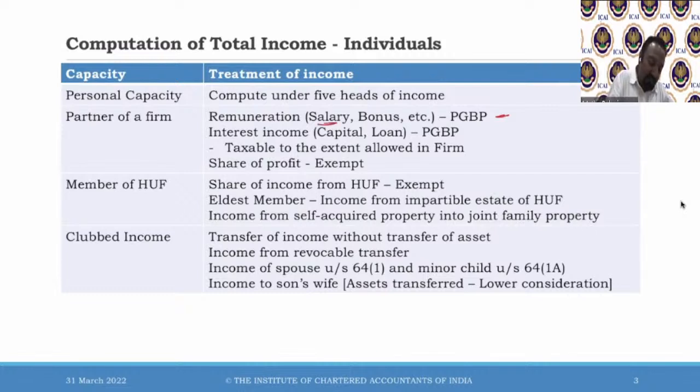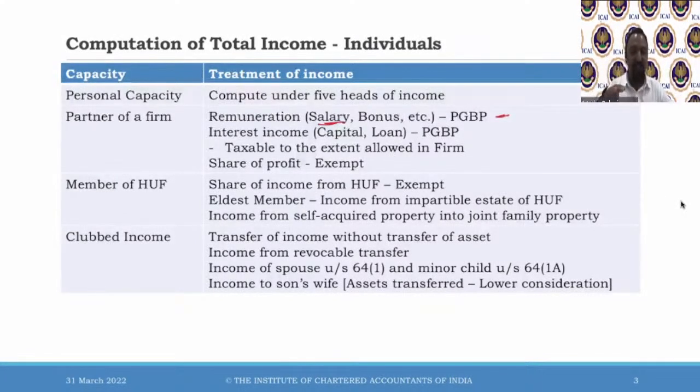Though it is called salary, we have discussed this earlier. When you talk about partnership, the relationship between the partner and the firm is not employer-employee. So salary, bonus, or whatever you give as remuneration to the partner will be taxable under PGBP.